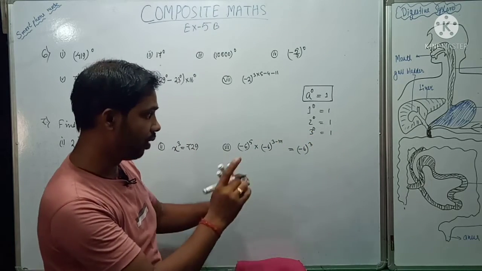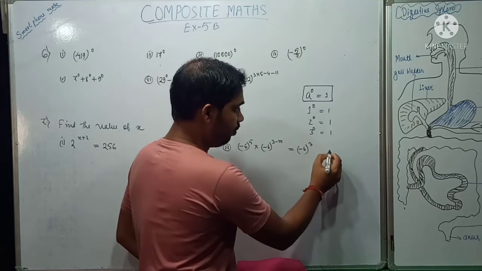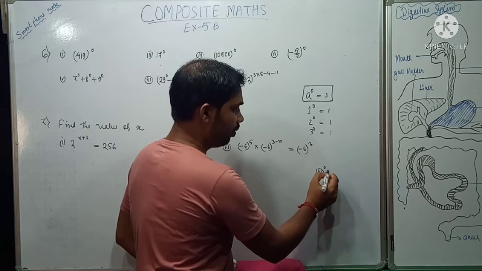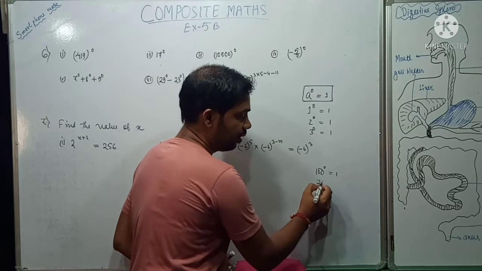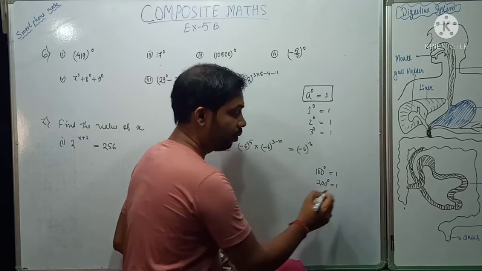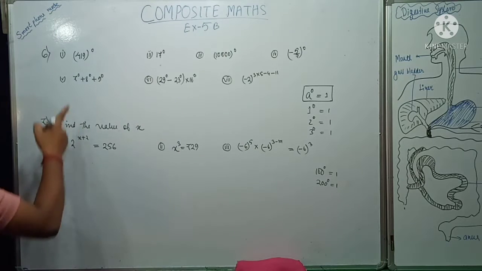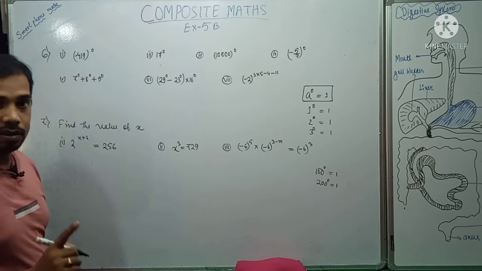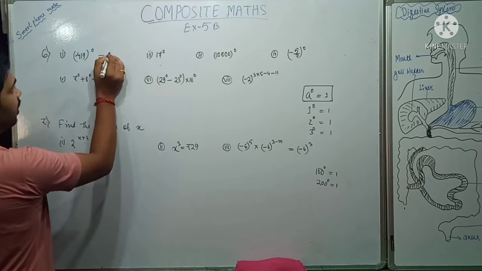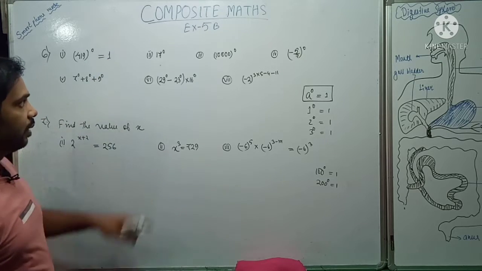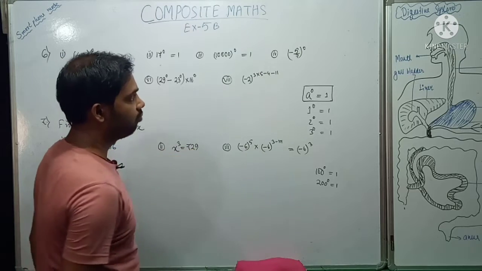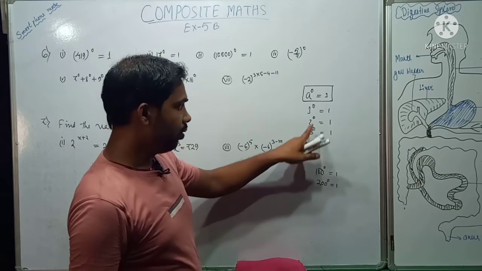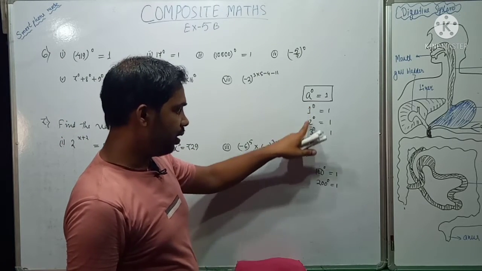Similarly, if we continue like this, then 100 power 0 is 1, 200 power 0 is also 1, and 419 power 0 is also 1. So its answer will be 1. Similarly, 17 power 0 is 1, 1000 power 0 is 1. Okay, so I have written these integers.